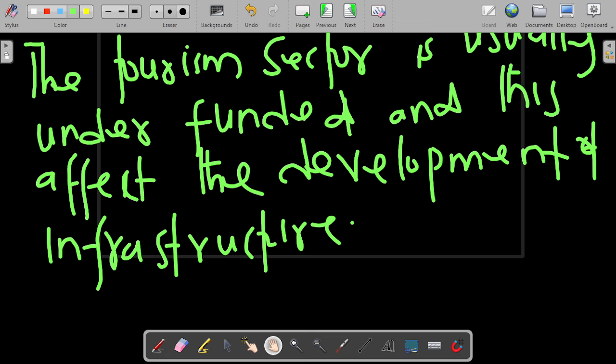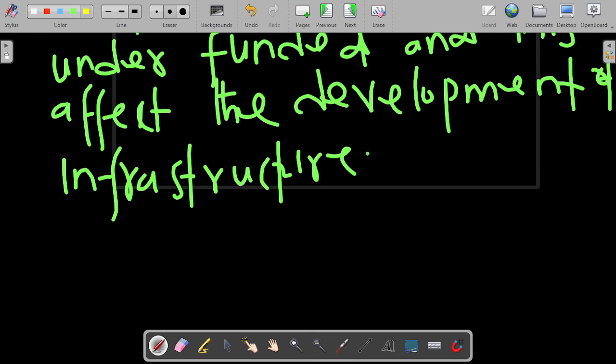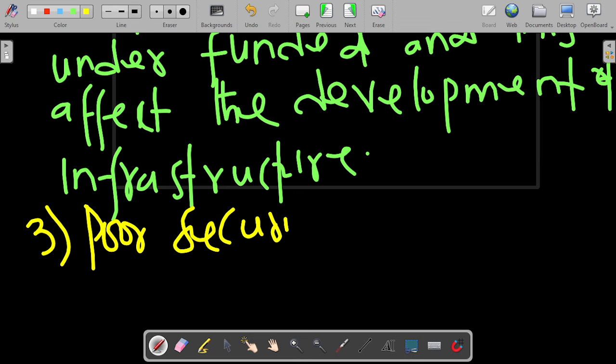Then number 3, poor security. Nobody wants to live in an insecure environment, so poor security.